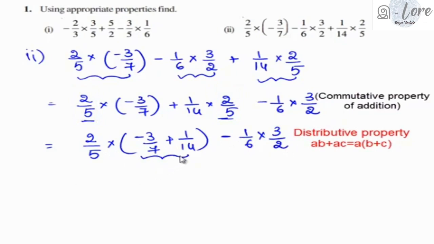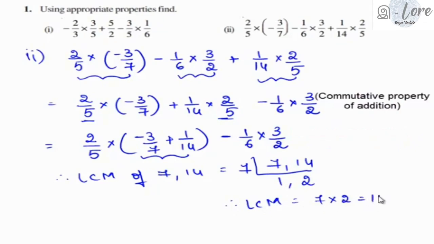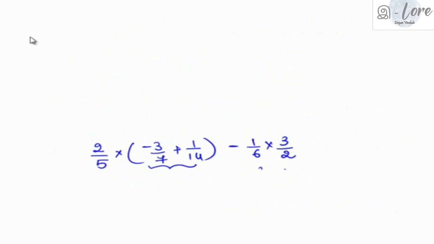Now to add two rational numbers, we need to have the common denominator. Therefore, we need to find the LCM, least common multiple. So the LCM of 7 and 14: 1 7 is 7, 2 sevens are 14. Therefore, the LCM of 7 and 14 is 14.